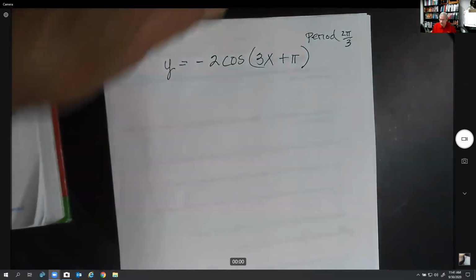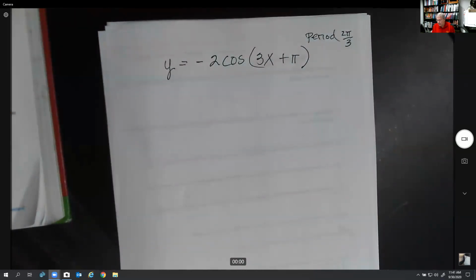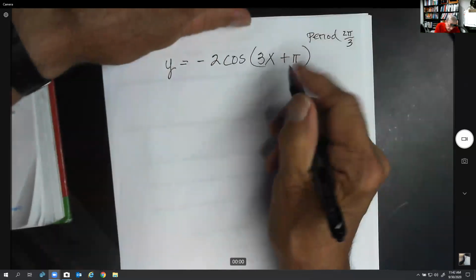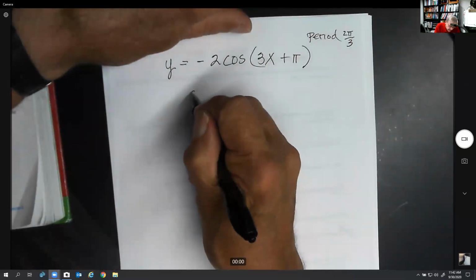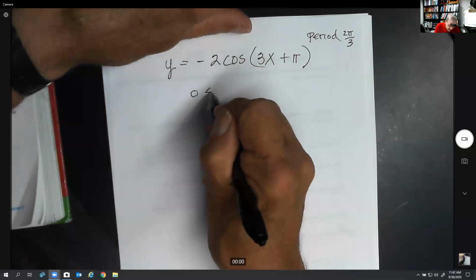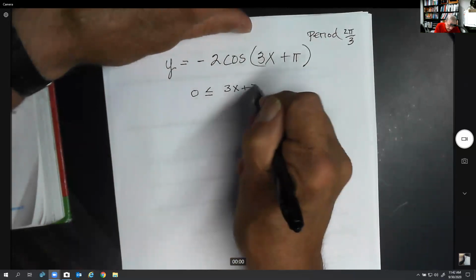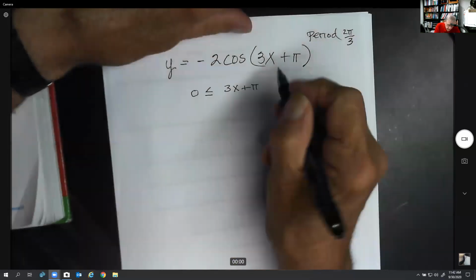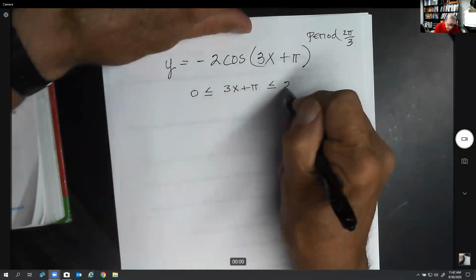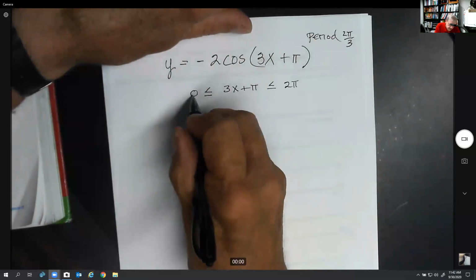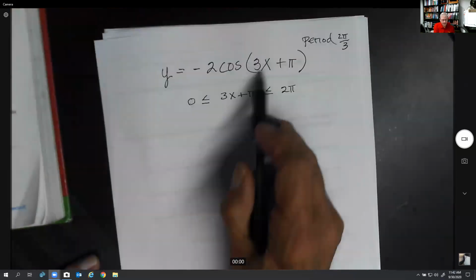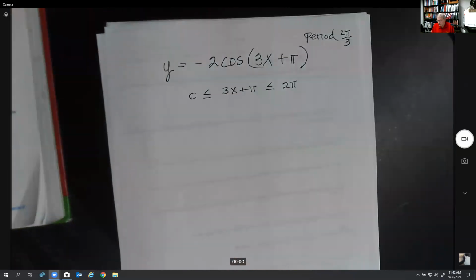Our period is really 2 pi over 3, but I'm not going to do it that way. I'm going to set it up like this: 0 is less than or equal to 3x plus pi, less than or equal to 2 pi. We're going to leave it as 0 to 2 pi. When we have something like this in between, it's easier to do it that way.